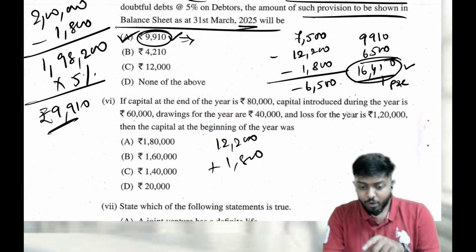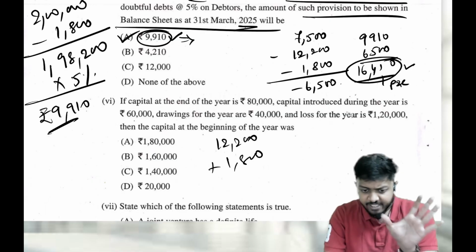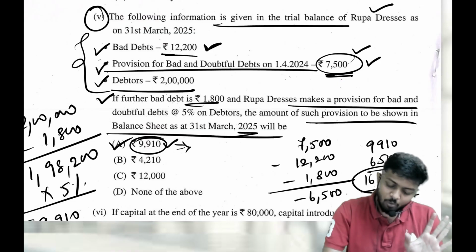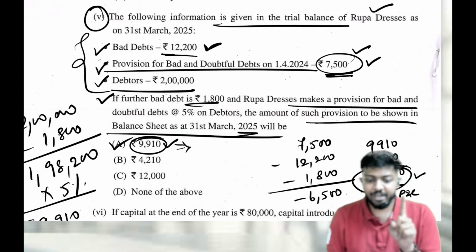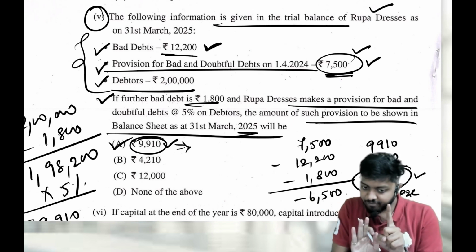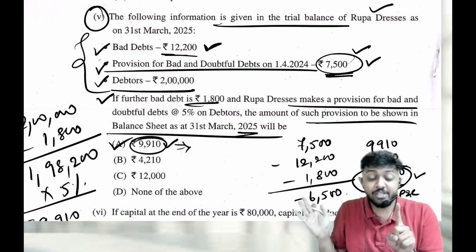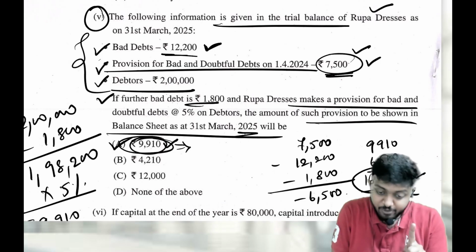One more thing you have to do is see the movement in provision. How much is the opening balance of provision? 7,500. How much is the closing provision that I have to maintain? We have already done it, it's 9,910.